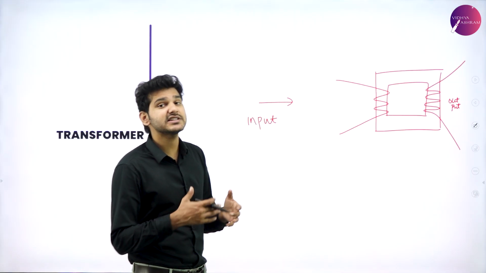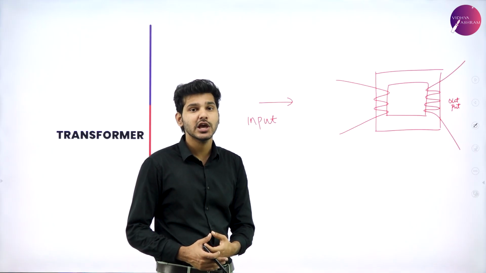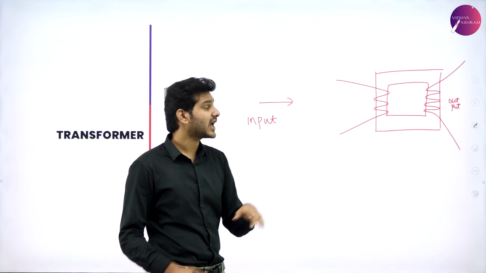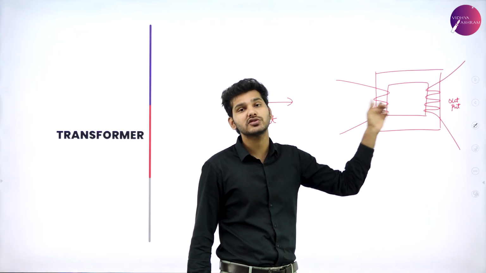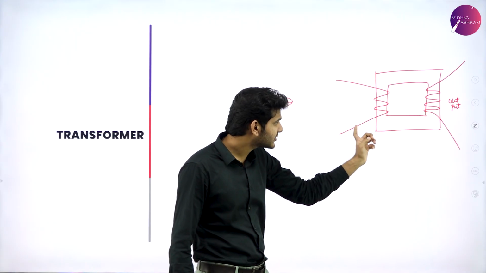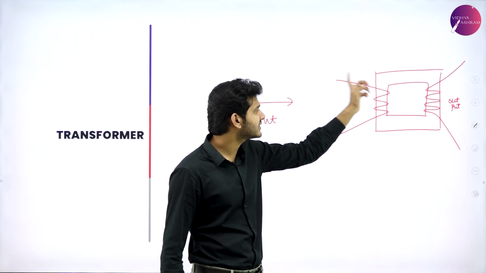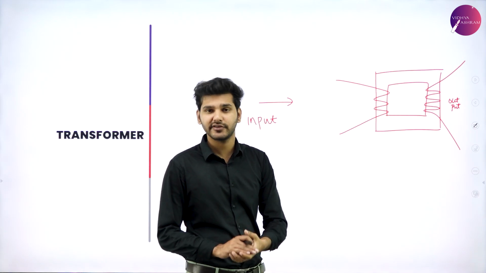The working principle behind this is mutual induction. You can see here that there is no connection between these two coils. It is just one frame and some windings around that particular frame.